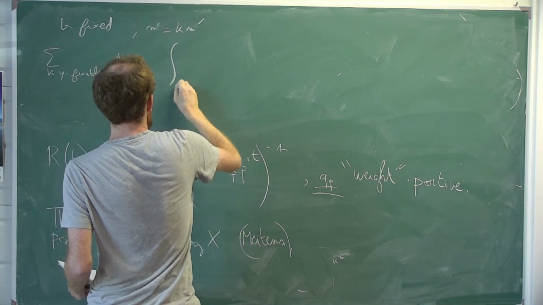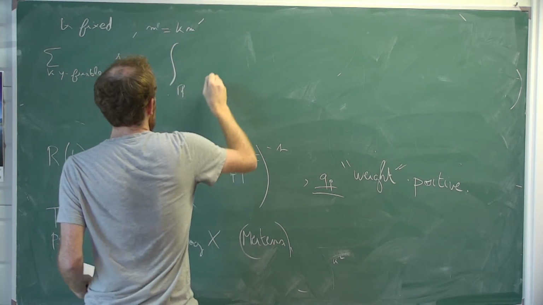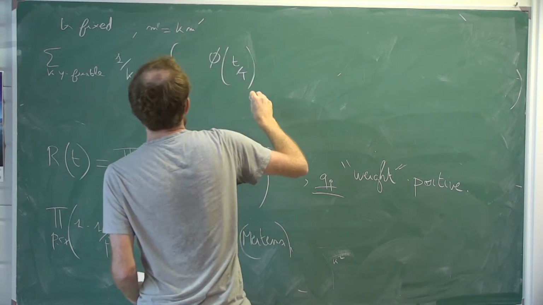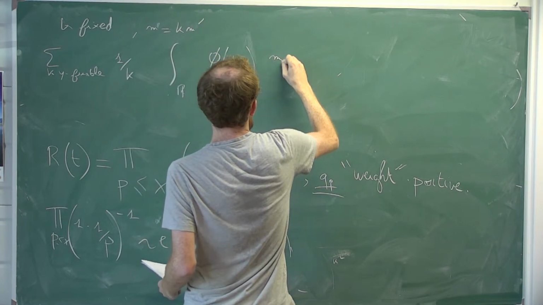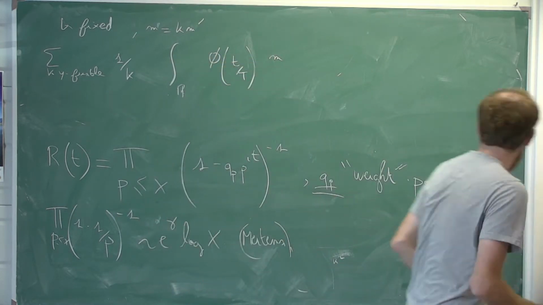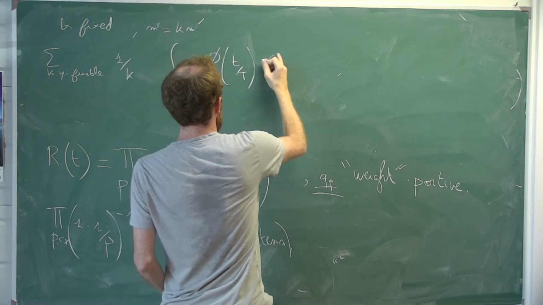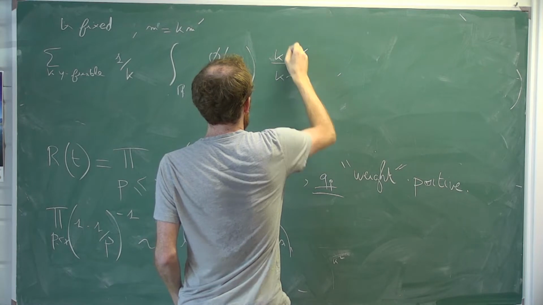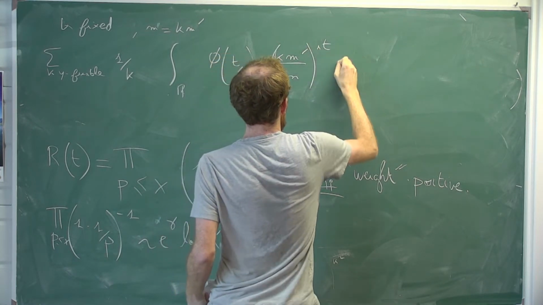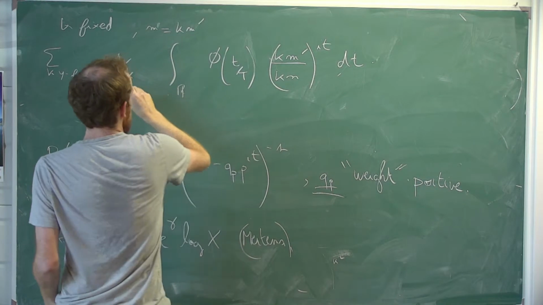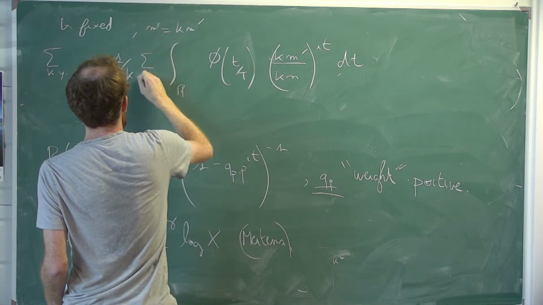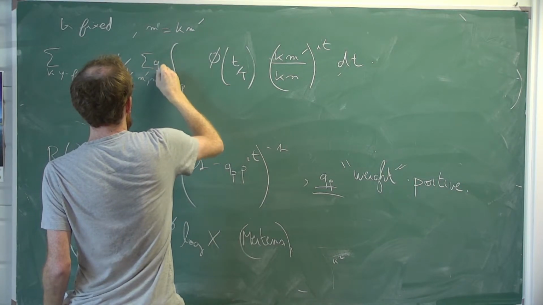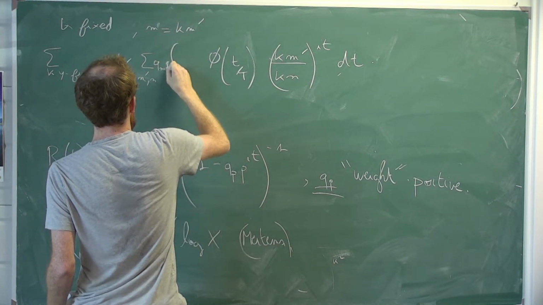And I had these integrals. If m is a multiple of k, you can rewrite it as (k m prime over k n) to the it dt, and of course the sum over m prime and n of q_m q_n.